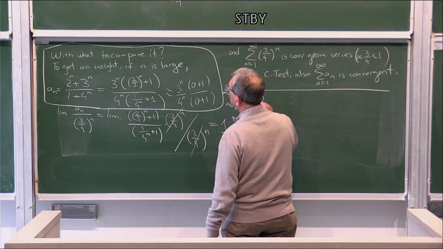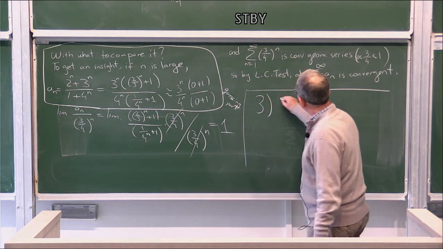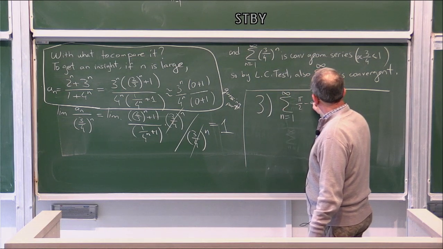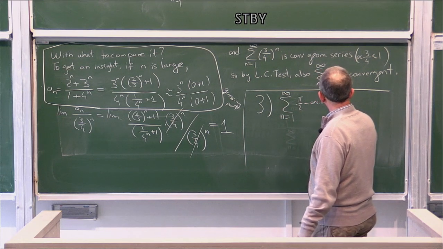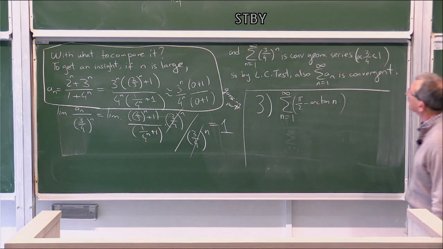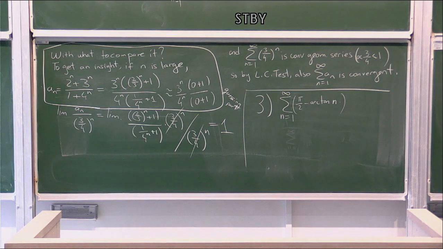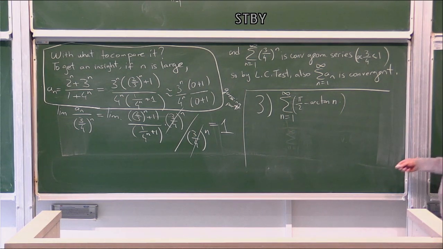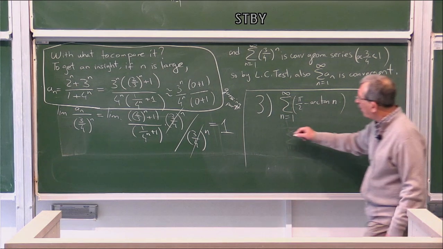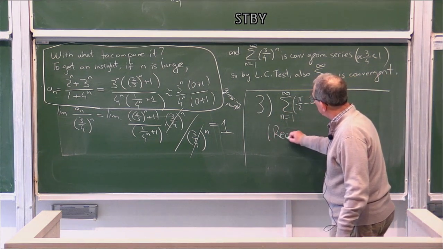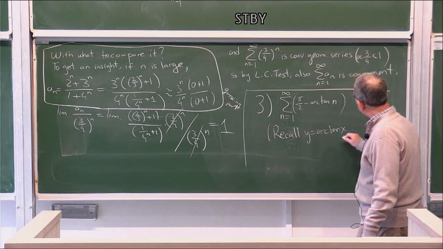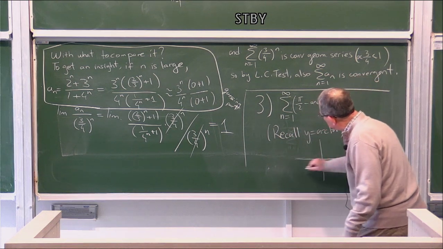As a third example, let us consider the series pi over 2 minus arc tangent n. Now, the first thing we observe about this series, of course, is the following. Firstly, if you recall the graph of arc tangent x, it looks like this.